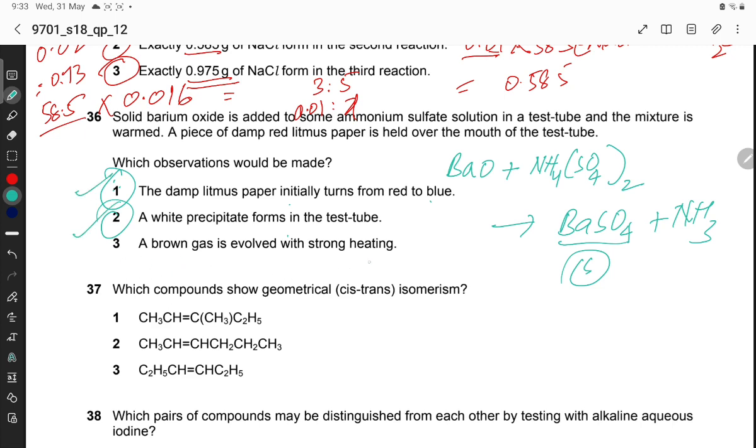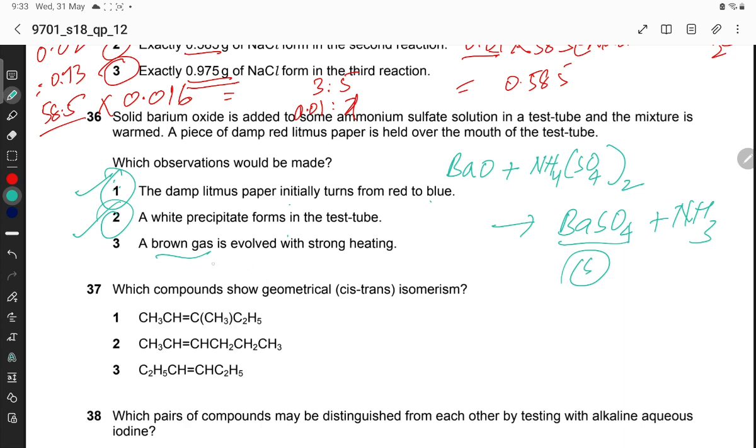So this is also correct. Brown gas is evolved with strong heating. Brown gas is not formed, because brown gas is evolved on strong heating only if ammonium nitrate or nitrite is there, from the nitrate or nitrite ion.